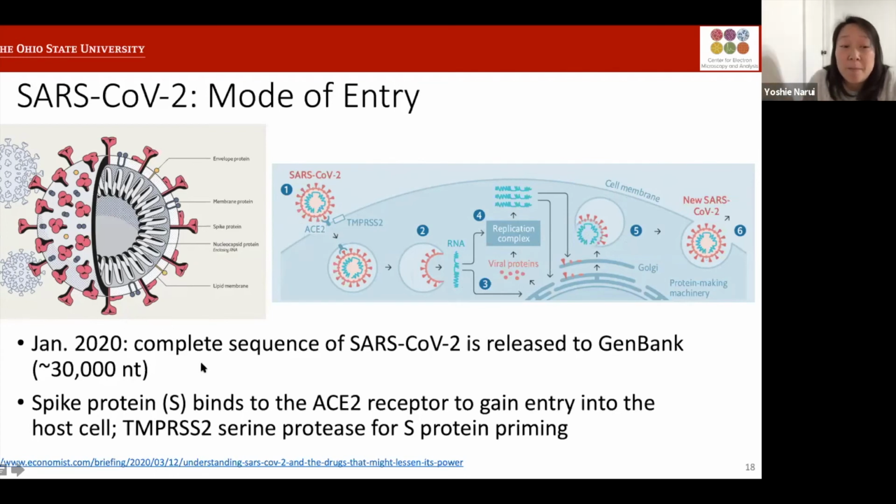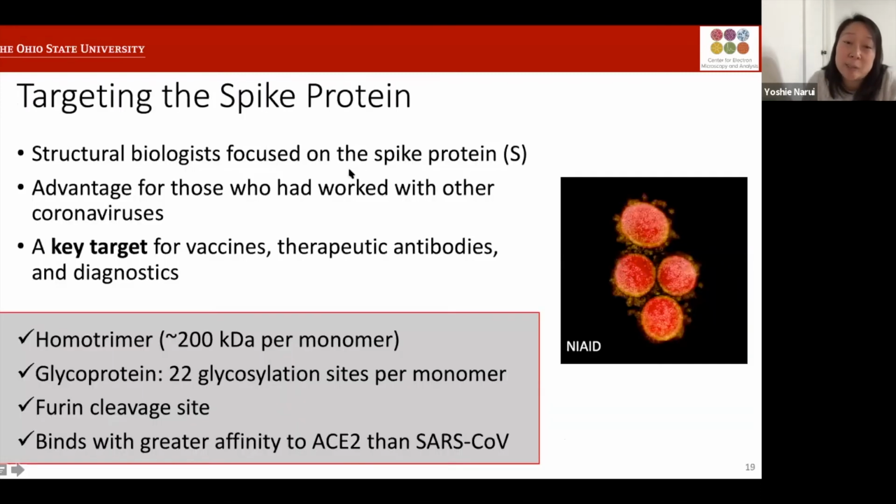So this all happened very quickly. In January 2020, they released the complete sequence of this virus, which is about 30,000 nucleotides, into GenBank. And very quickly, structural biologists started targeting the spike protein, because they know that's going to be a key target for vaccines, therapeutic antibodies, and diagnostics.